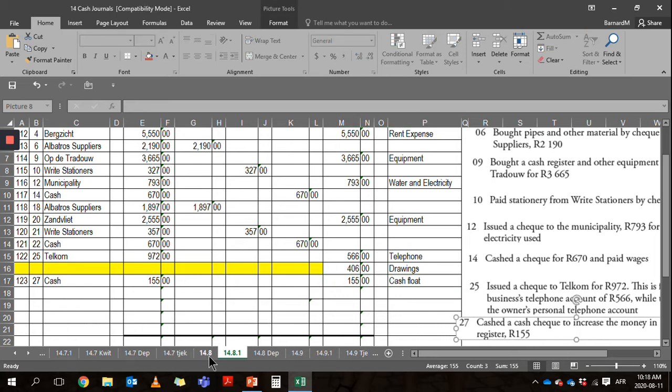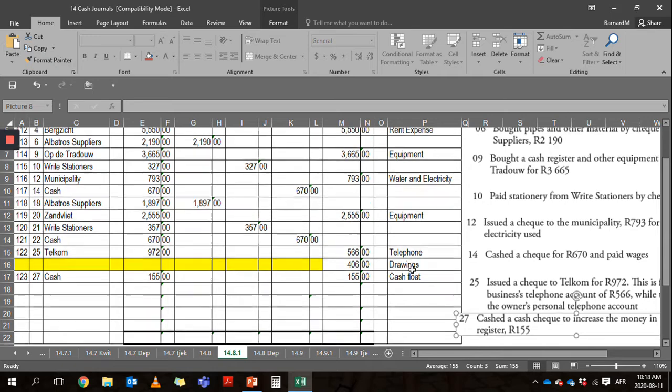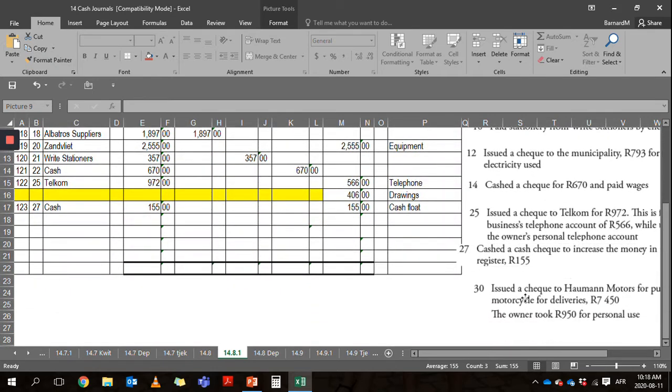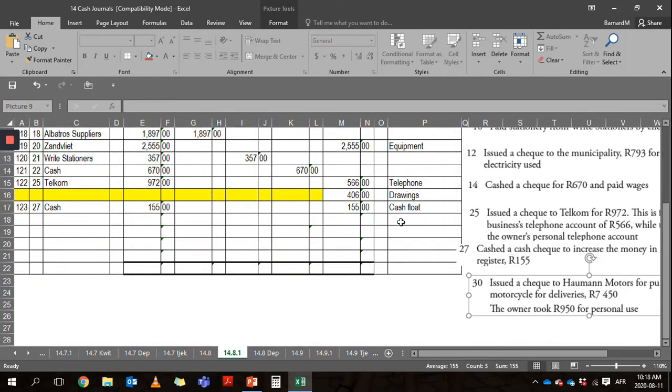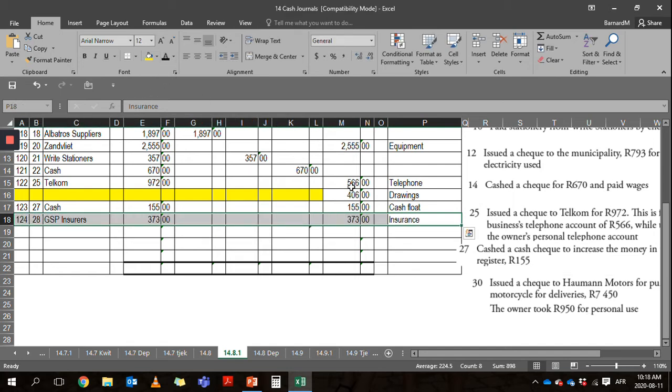If I then go to the next one, which is on the 28th, the 28th is insurance. I see I don't have it here. So insurance will come here, and it will only be insurance because that is the name of the expense we know, not insurance premium. Then we have the 29th, which is wages again.